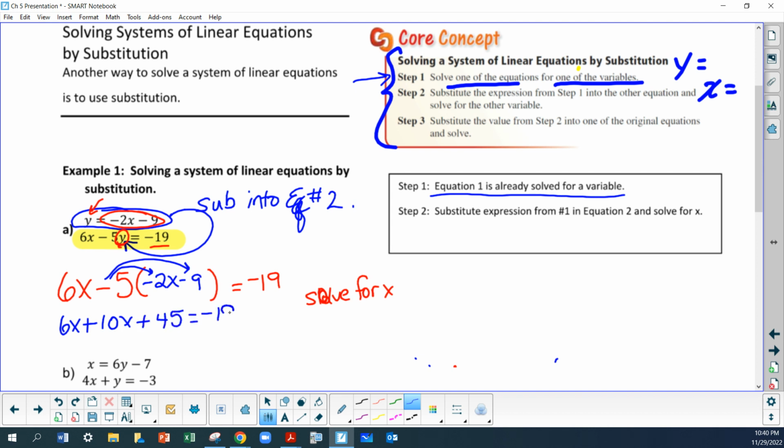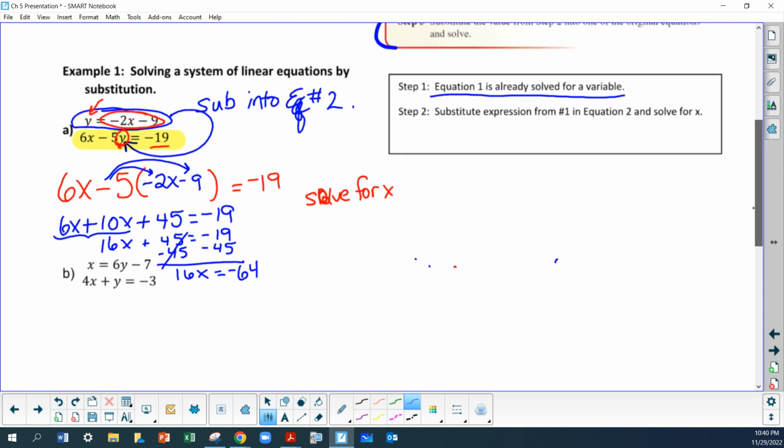And then on the right side, we have that equals negative 19. Accumulating like terms on the left, we can join those together very easily, just calling it 16x plus 45 equals negative 19. And now let's subtract 45 from both sides. 16x, these went to 0, and I get negative 64.